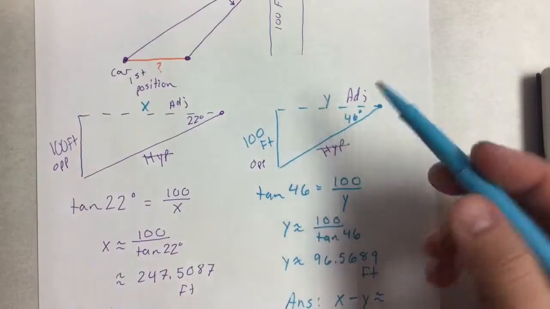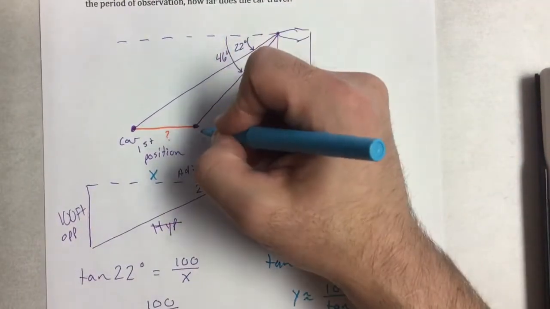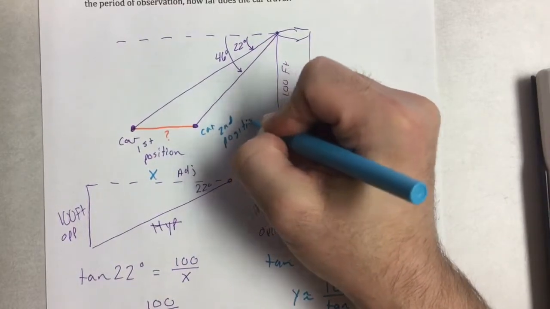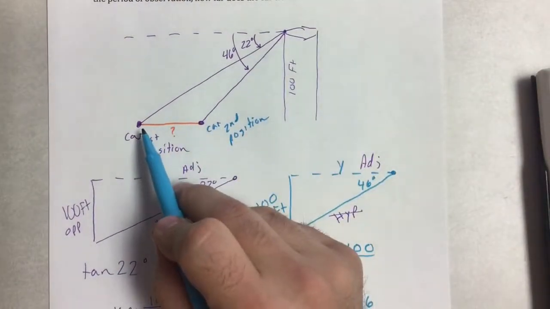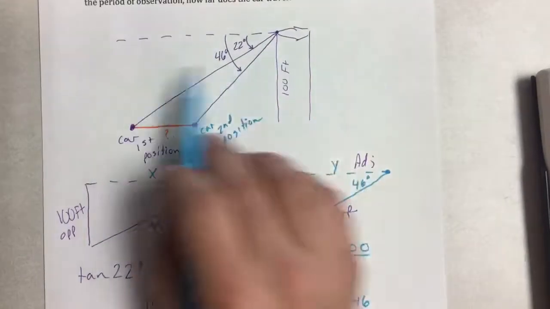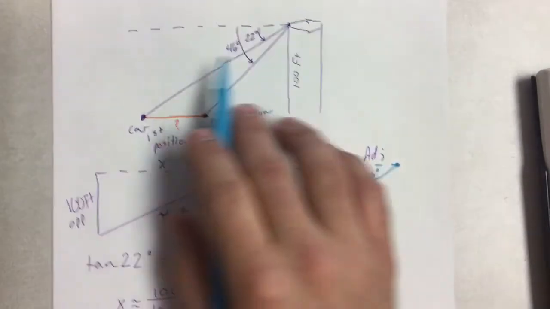So horizontally, when the car was in its initial position, it was 247 feet from the building, and then as it moved, it was 96 feet from the building.